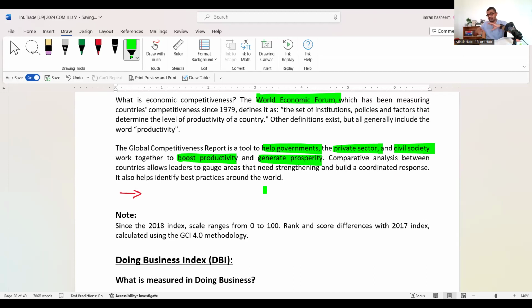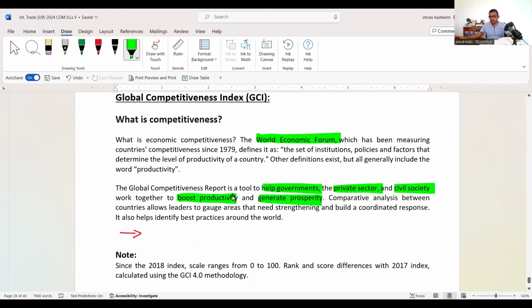There's a wide range of criteria, and we don't need to memorize all of them, but when you understand the concept of competitive advantage, you get an idea of what kind of things affect international competitiveness. So I wanted to connect this with the earlier area we did, the concept of competitive advantage.